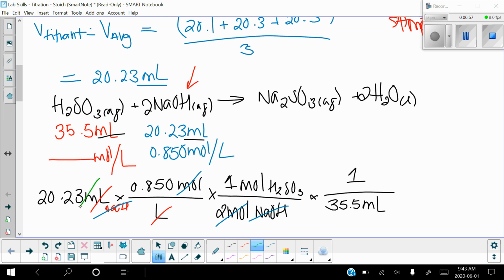Milli cancels out with milli, and we are left with moles per liter of sulfurous acid, which gives me a concentration of 0.242 mole per liter of sulfurous acid.